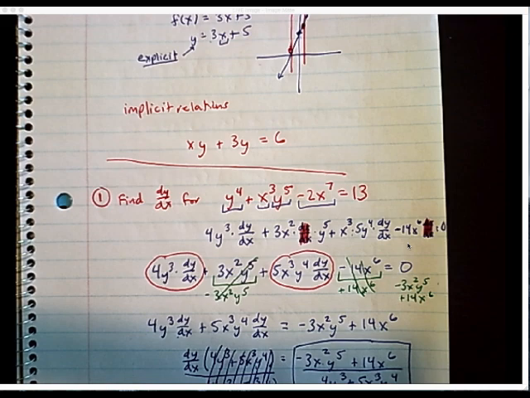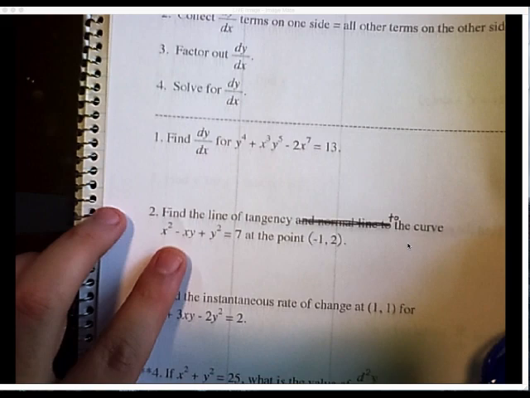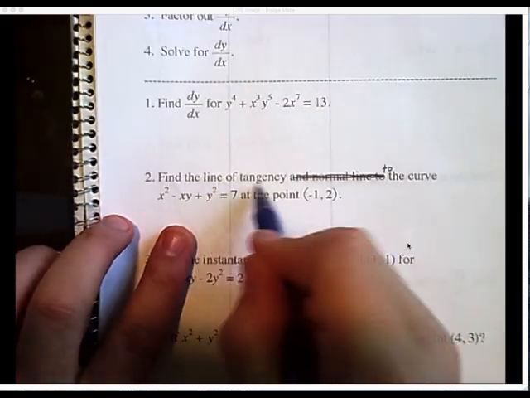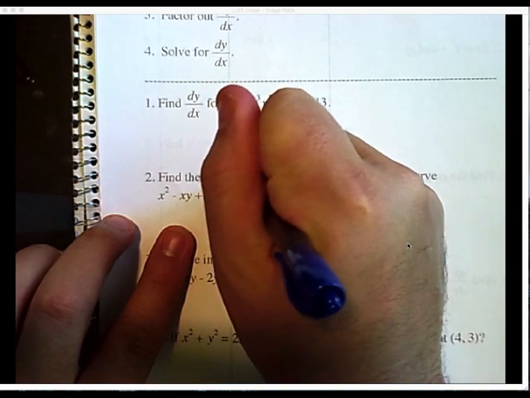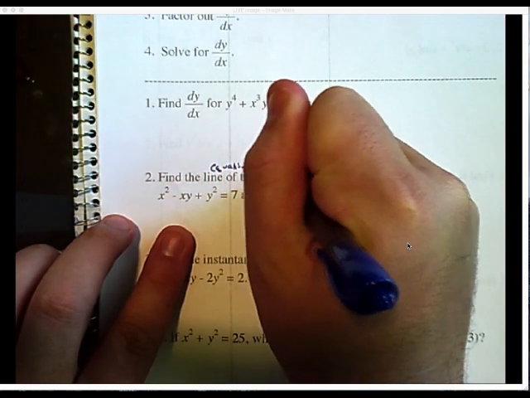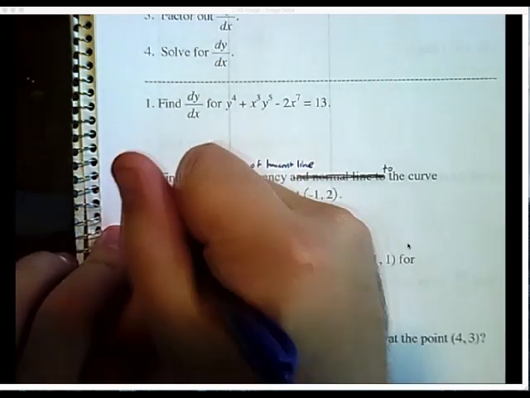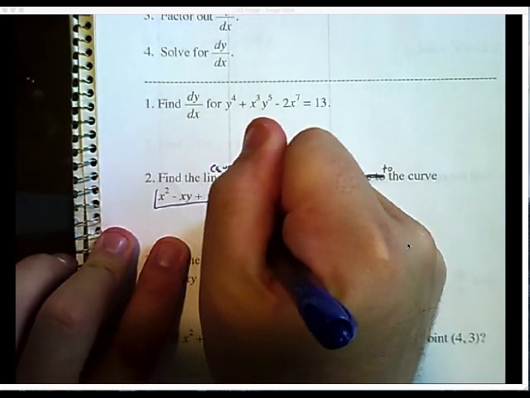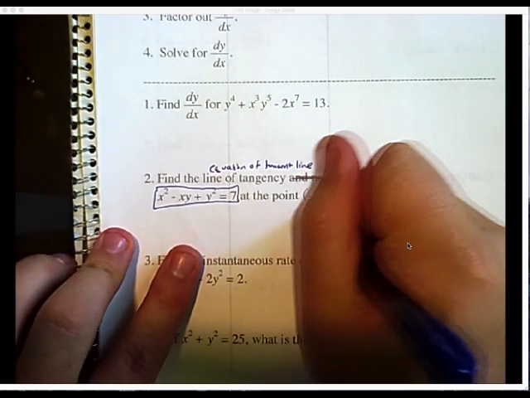All right, now let's try the next problem. Number 2 here, it says find the line of tangency. So I want the equation of the tangent line to this curve, and it might not be a function, but it's still a curve, at this point.